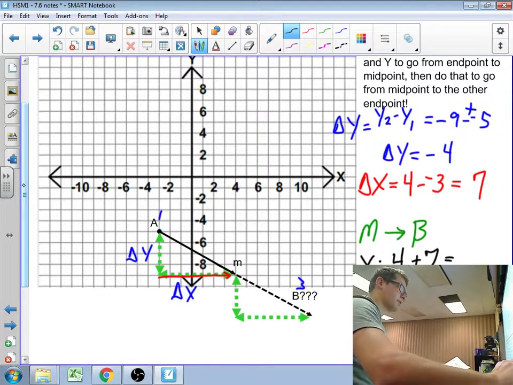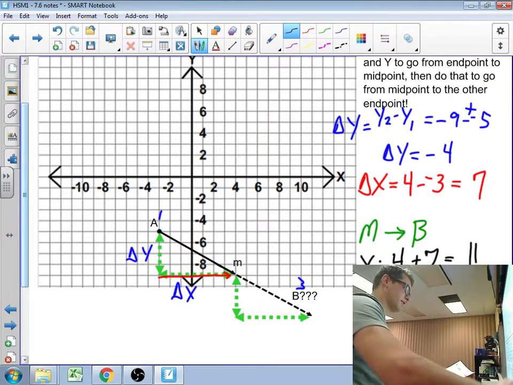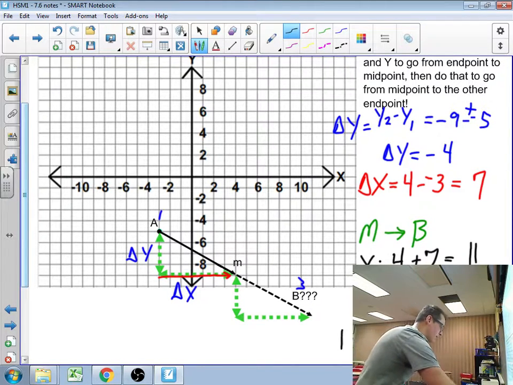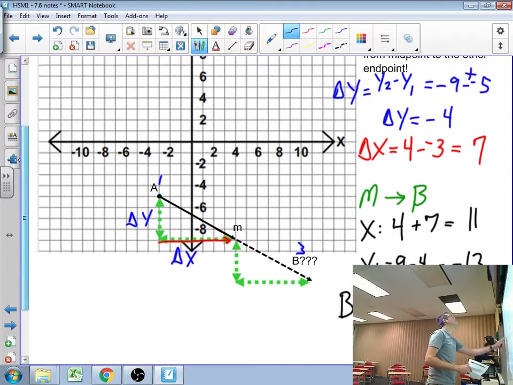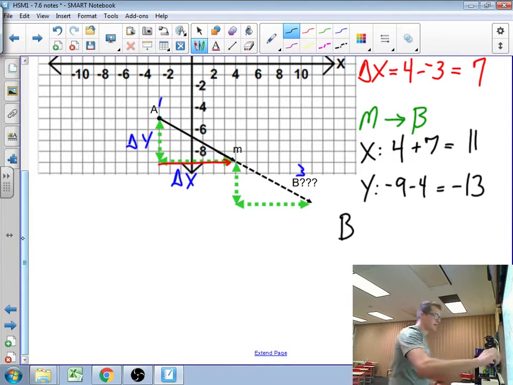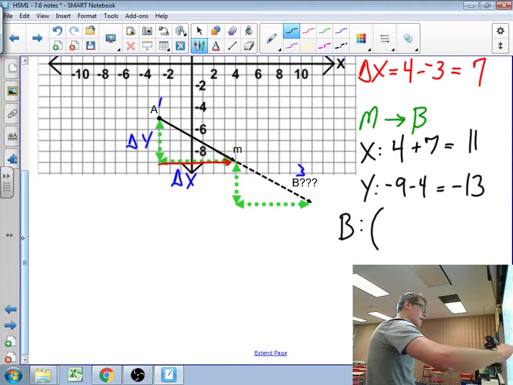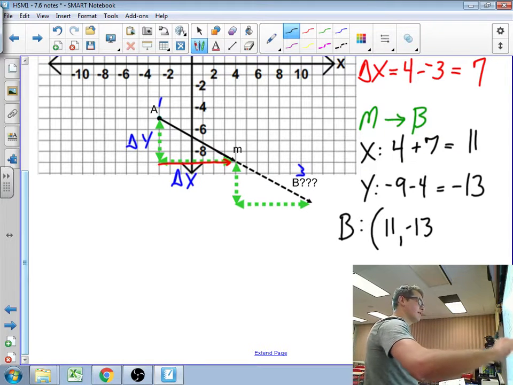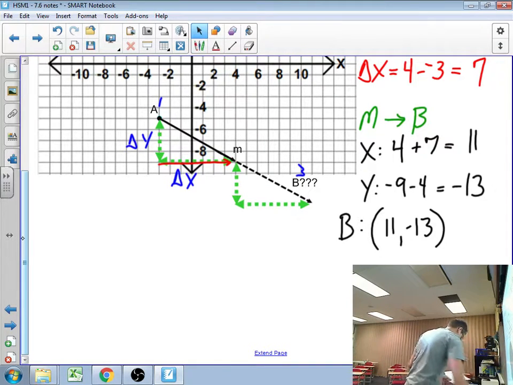So we end up at 11, -13. So B is going to be at 11, -13. Sorry for the slight confusion for a moment.